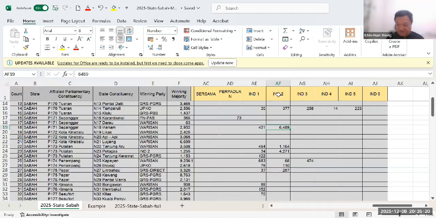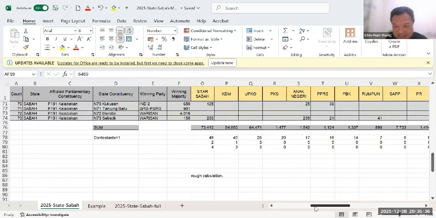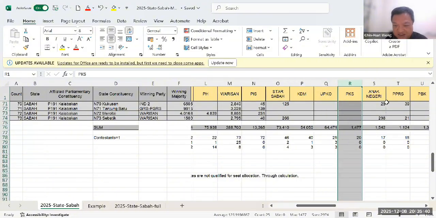I'll give you the website to search this: Wikipedia or dashboard.spr.gov.my. Get this guy's name. Everyone else other than the number that I have mentioned, you can just treat them as others.